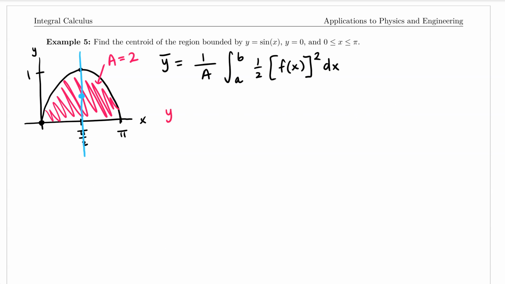Okay, so y bar, let's switch back to black. So y bar is equal to 1 over 2, and then notice that I have a 1 over 2 inside my integral as well, so I'm going to factor that out, and we'll get 1 over 4 times the integral from 0 to pi, and then our function is sine of x, and we need to square that, so we have sine squared x dx.